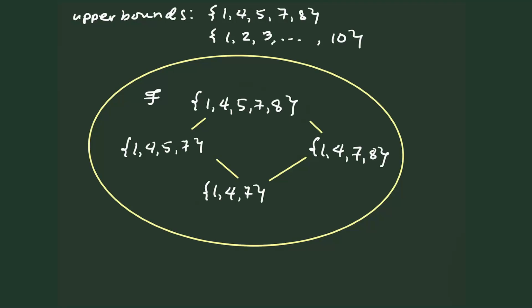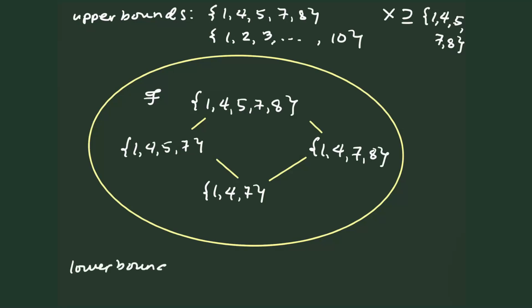So we can have many upper bounds. In general, what would be an upper bound for this set F? An upper bound would be any X, as long as it contains the set {1, 4, 5, 7, 8}. What about lower bounds?